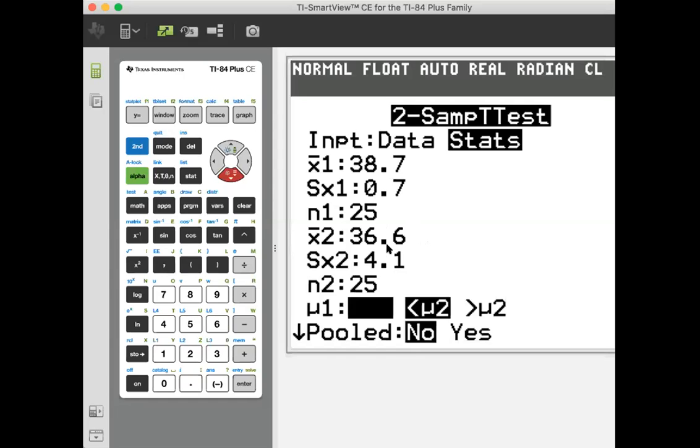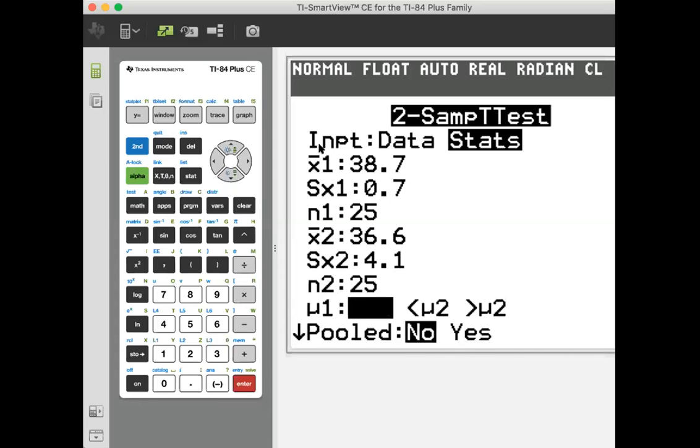The claim was not equal, so we put the cursor over that and hit enter to make sure that is selected. And you'll notice in this test, it did not ask for the assumed value of the parameter. The parameter, remember, is mu1 minus mu2. And if we look at the null hypothesis, it specifically says mu1 equals mu2.